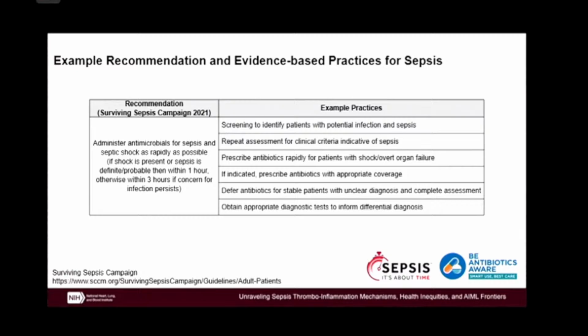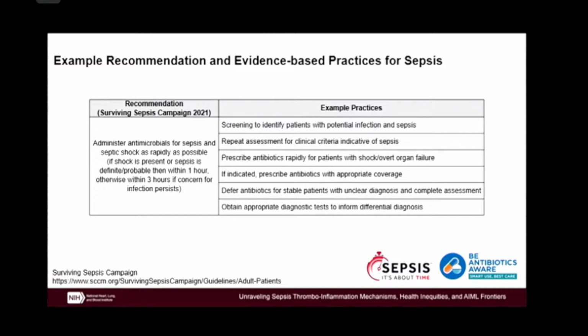Importantly, this was a change from prior guidelines in that the recommendation is now stratified based on patient severity, what the presentation looks like. So the goal is that for patients where sepsis is definite or probable, or shock is present, the recommendation is antibiotics within 1 hour. Otherwise, the recommendation would be within 3 hours if there's some kind of lingering concern for infection.